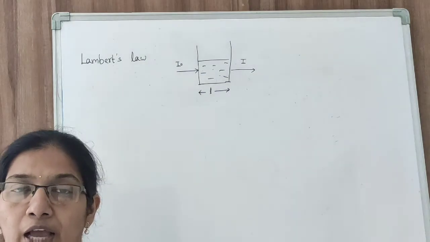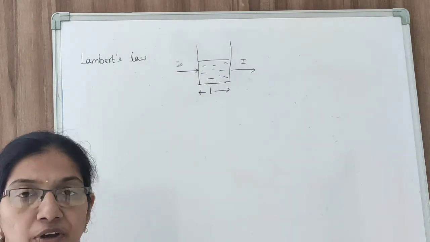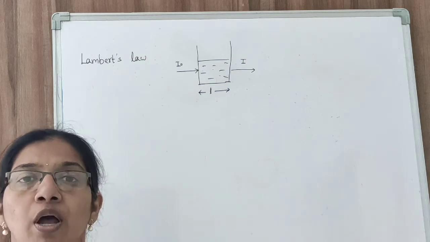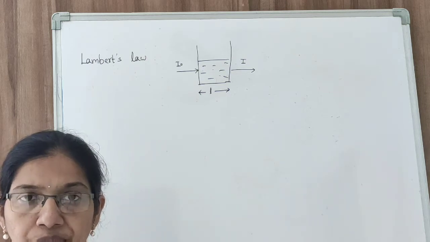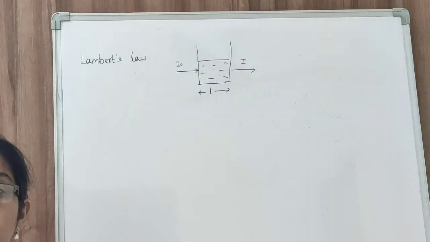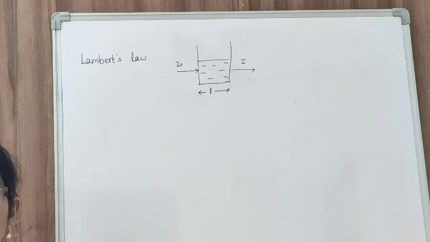Then according to Lambert's law, when monochromatic radiation passes through absorbing solution, the intensity decreases exponentially with thickness of the absorbing medium.